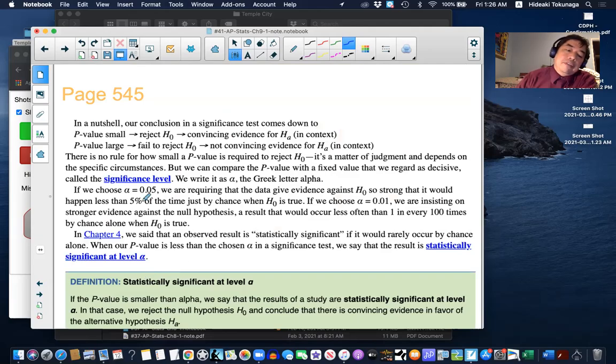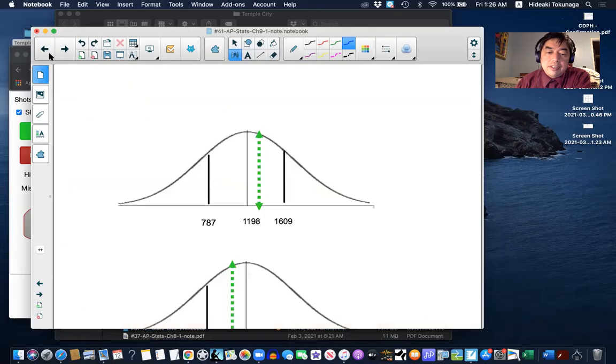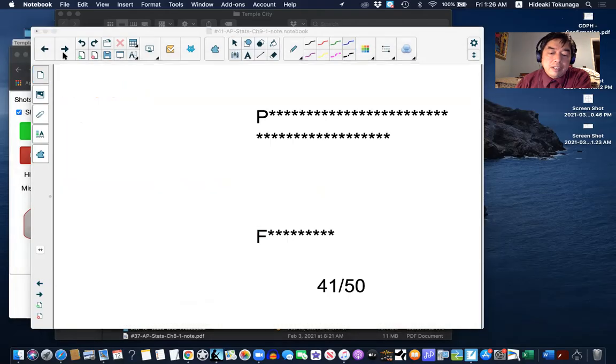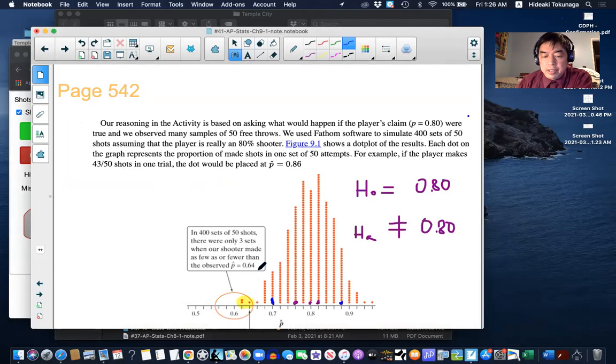If maybe the typical one, if make it 0.05, which is the cutoff line here. Here, if the 5% cutoff line might be here, right?